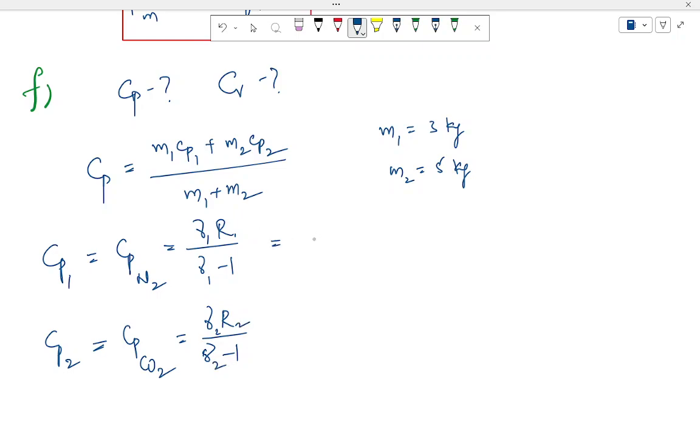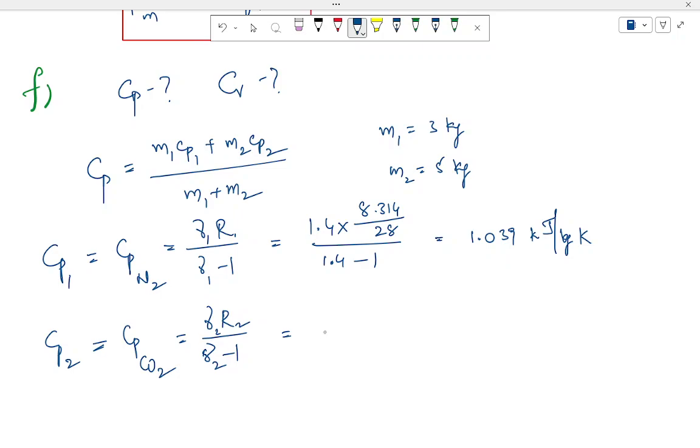The gamma 1 value is given in the question as 1.4, and the R1 value is nothing but 8.314, the universal gas constant, by the molecular weight 28, by 1.4 minus 1. So that will give me a value of 1.039 kilojoule per kg Kelvin.